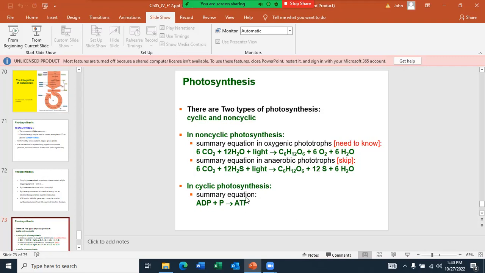All photosynthetic organisms that I know of can perform both non-cyclic and cyclic photosynthesis, and which one they do depends on what they want to make. If they want to make glucose, they'll engage in non-cyclic photosynthesis. If they want to make ATP, they will engage in cyclic photosynthesis. Any question there?